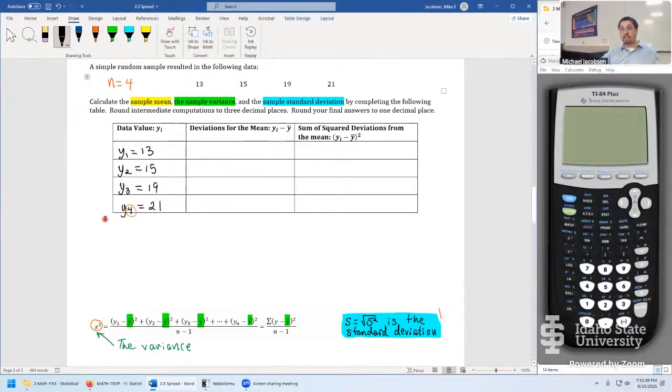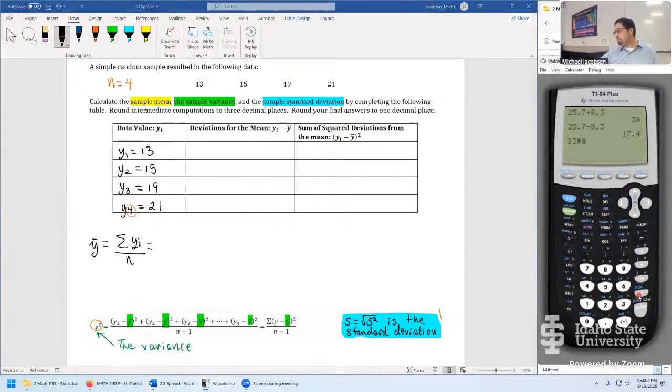To calculate the sample mean, our formula looked like this. y bar is a summation of yi divided by n. That's a weird thing to look at, but all it was saying to do was add up all these observations, divide by our n value, which is 4. So let's write that out in the calculator.